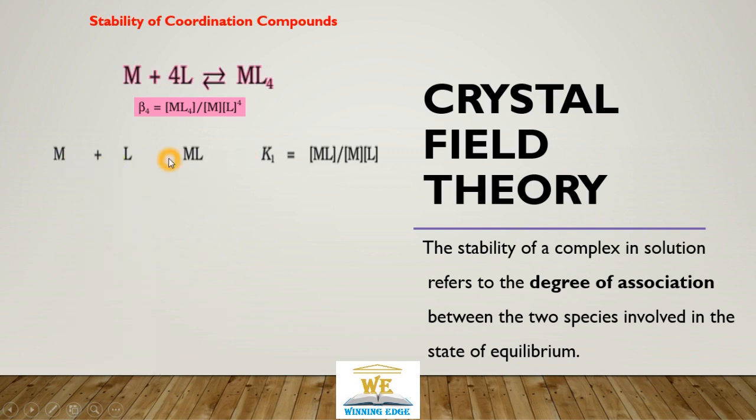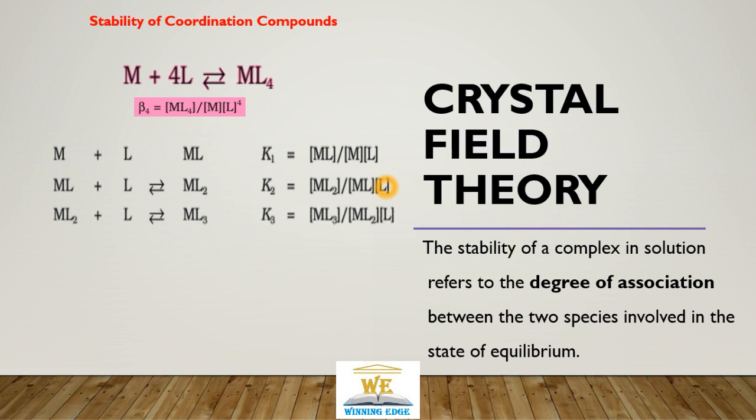Here we are getting a metal combining with the first ligand, giving an ML complex. Its constant will be ML divided by M into L. At the second stage, this ML will combine with another ligand, giving us ML2. Its constant will be ML2 divided by ML into ligand.